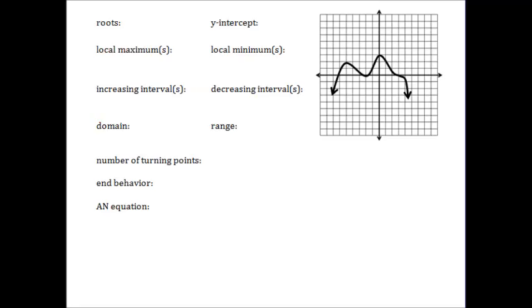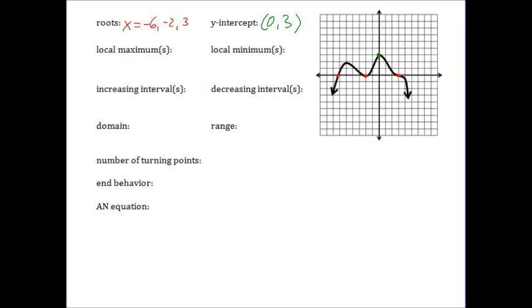Roots we have at negative 6, negative 2, and positive 3. We can also write x is equal to negative 6, negative 2, positive 3. Our y-intercept is at 0, 3. Let's look for local maximums and minimums.